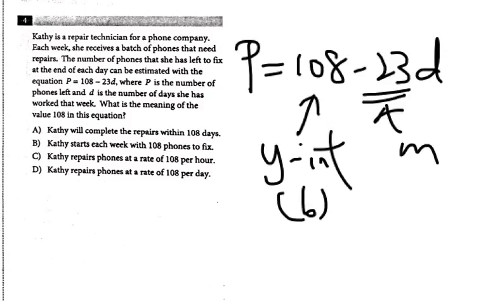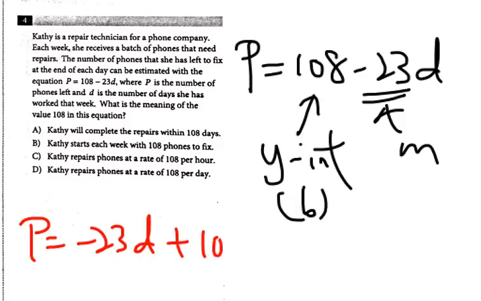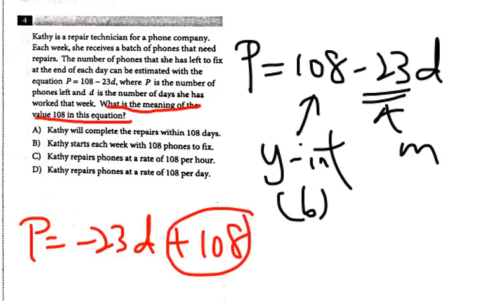If I rewrite this equation, I have P equals negative 23D plus 108. What they want to find is the meaning of the value 108 in this equation. 108 is the y-intercept. What does that mean?